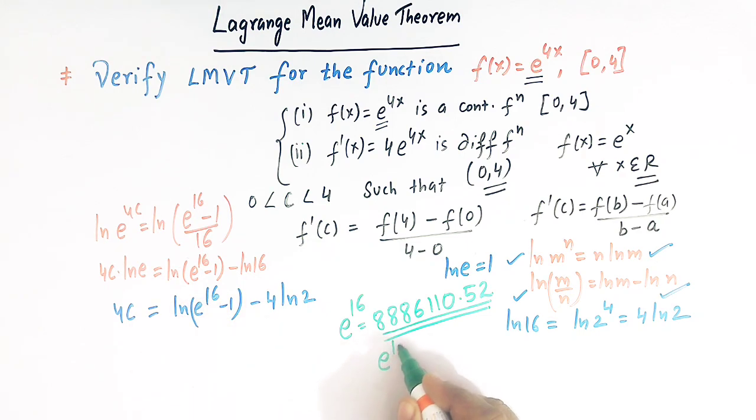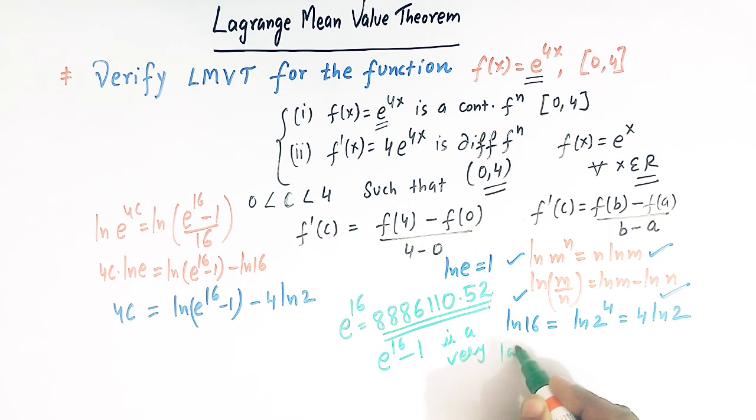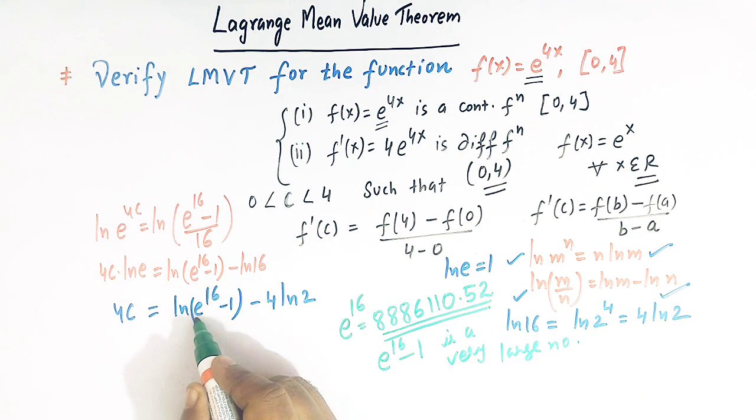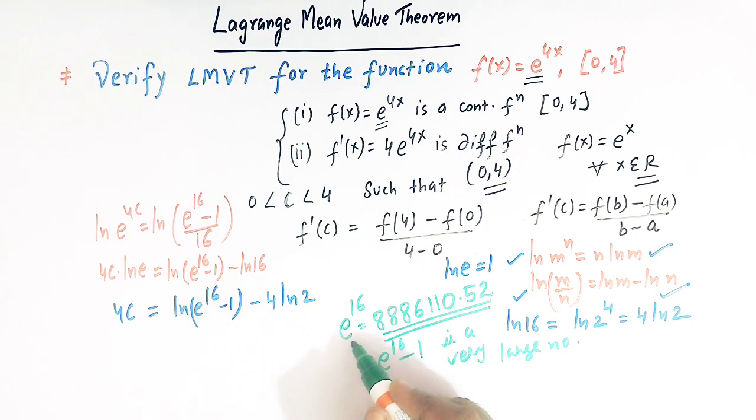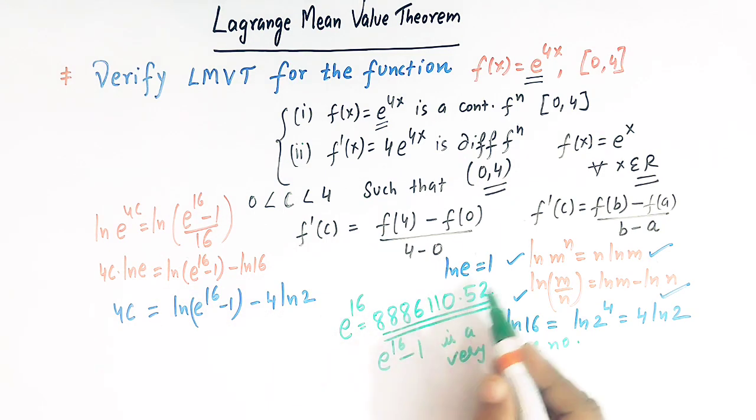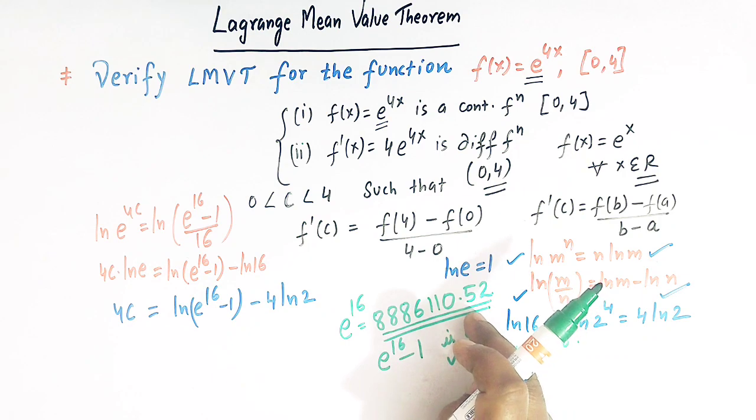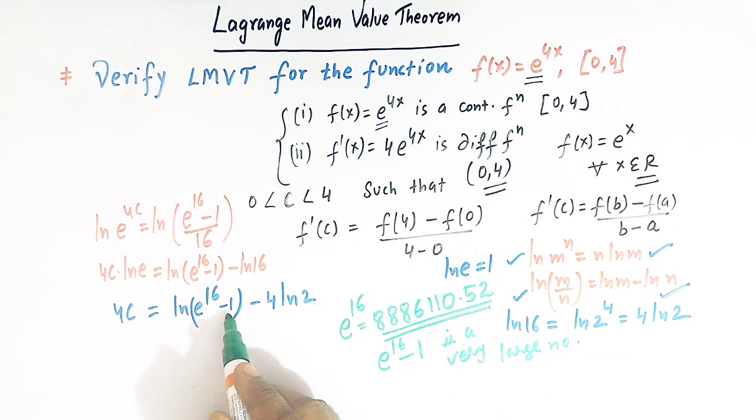So e raised to 16 minus 1 is a very large number, right? So what we will do here, e raised to 16 is very large as compared to 1, right? So we can neglect this negative 1 with respect to e raised to 16, right?